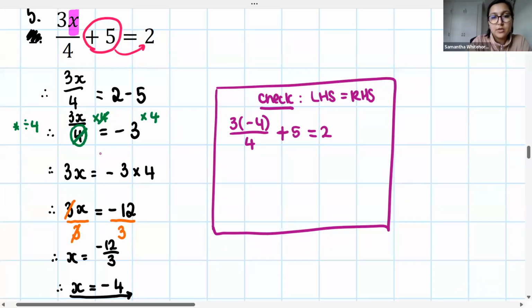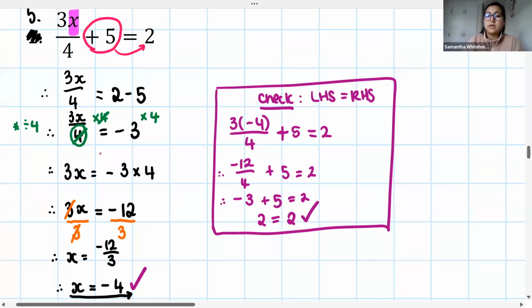So let's check. 3 times -4 gives us -12 in our numerator, divided by 4, plus 5 equals 2. -12 divided by 4 is -3, plus 5 should be equal to 2. And -3 plus 5 is +2. And because 2 is equal to 2, I know that my answer is correct.